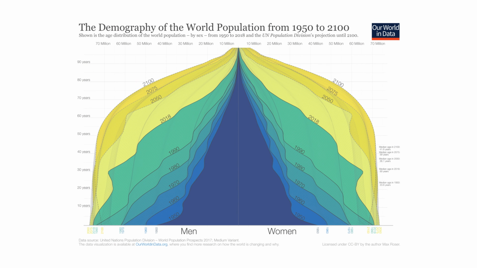Now, this figure is a bit complicated. The horizontal axis represents the fraction, while the vertical axis represents the age group. If you look at the contours of 1950, for example, they make up a figure like a pyramid.